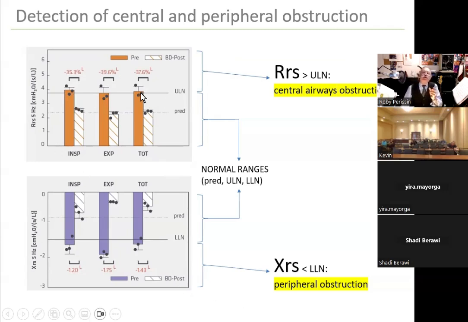Before the treatment, in this case, look at the reactance: big peripheral obstruction, and resistance: borderline central obstruction. Look at the difference before and after on the three components. The treatment worked, and look how well it worked for reactance. It's much, much lower.